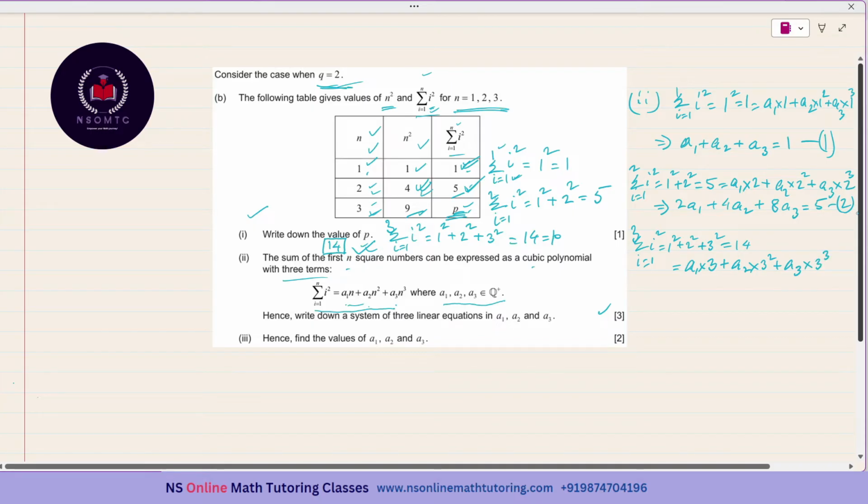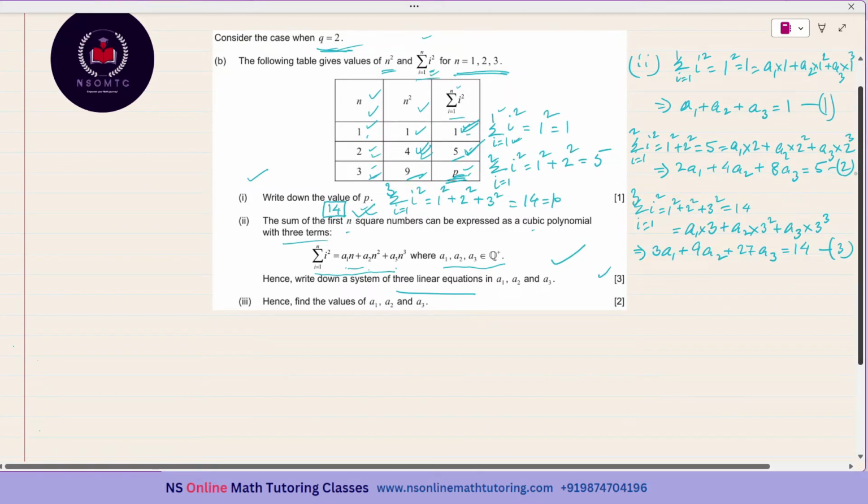Okay. So 3a1 plus 9a2 plus 27a3 is equal to 14. This is the third equation. They have asked us to give a system of 3 linear equations. These are the 3 linear equations.